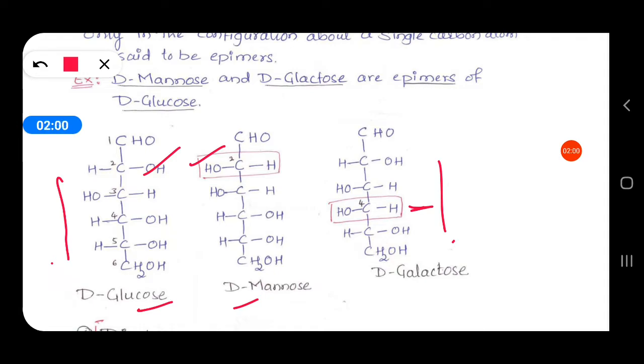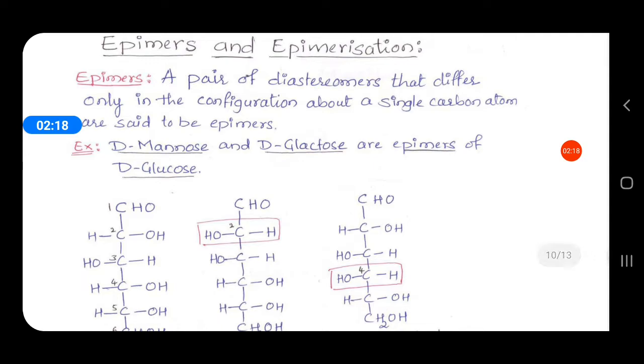But D-mannose and D-galactose are not epimers. D-glucose and D-mannose are epimers, and glucose and galactose are epimers.